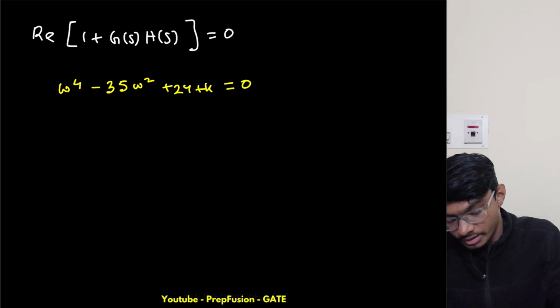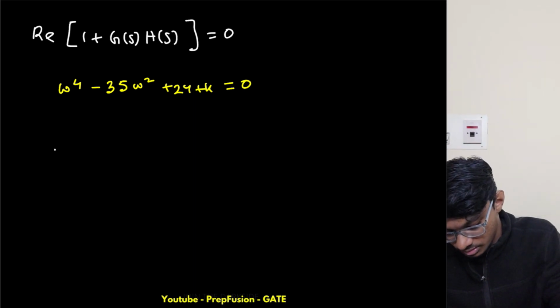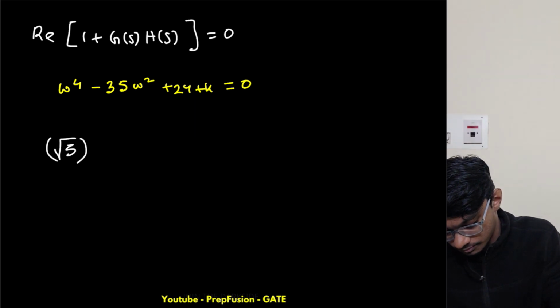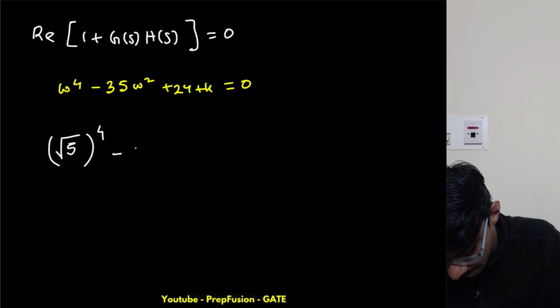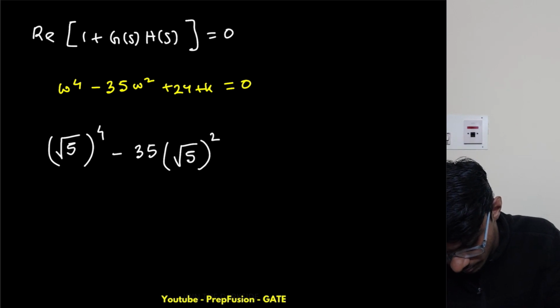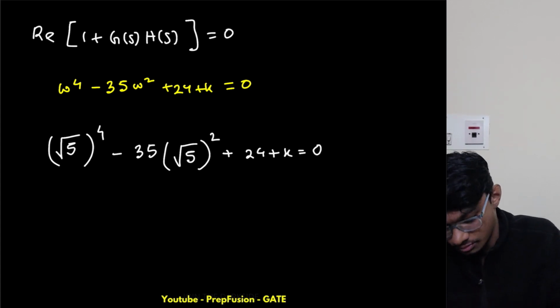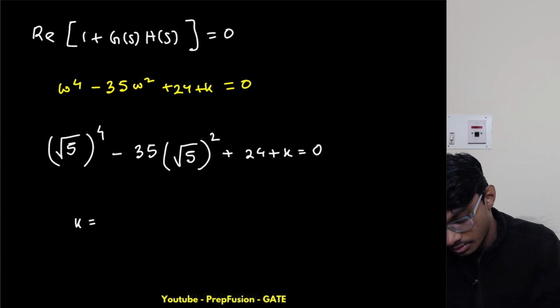Now I put the value of omega as under root 5. So this will be under root 5 to the power 4, minus 35 omega square, plus 24 plus k equals to 0. So what is my k equal to?